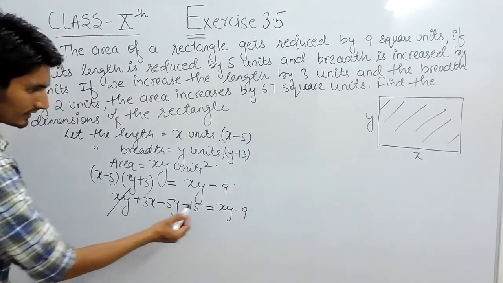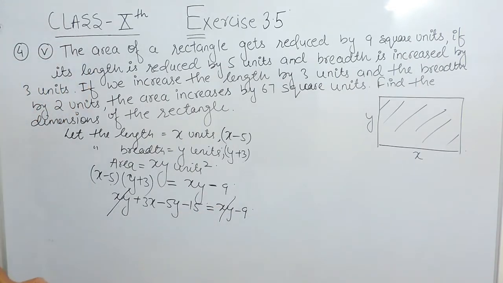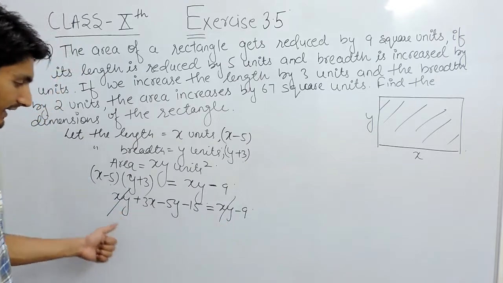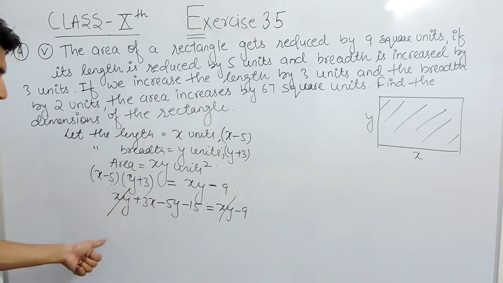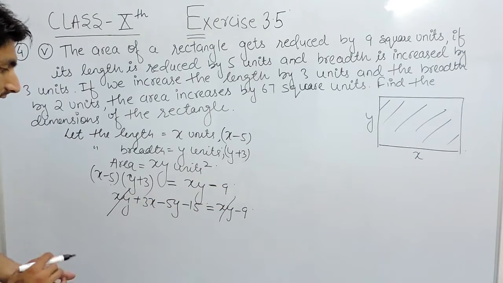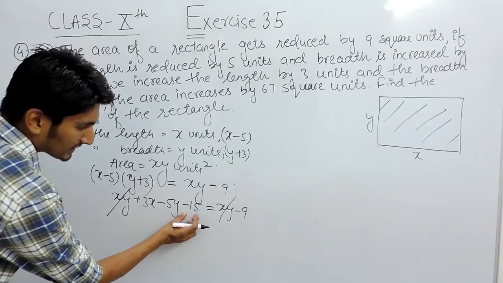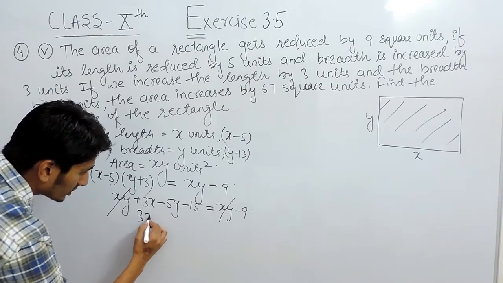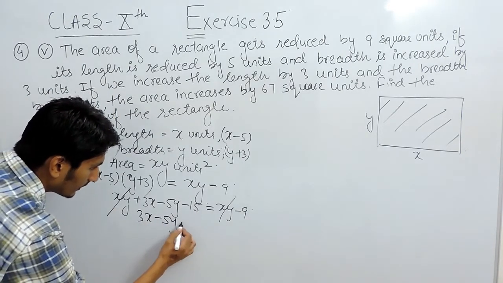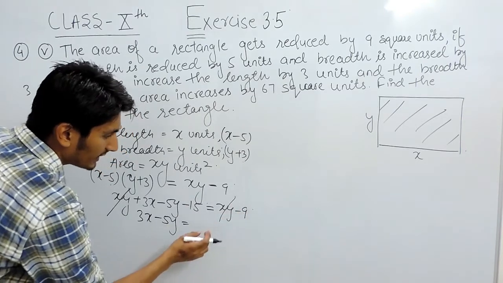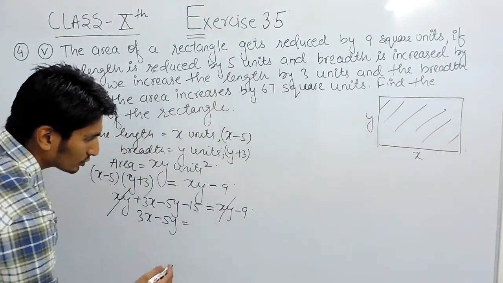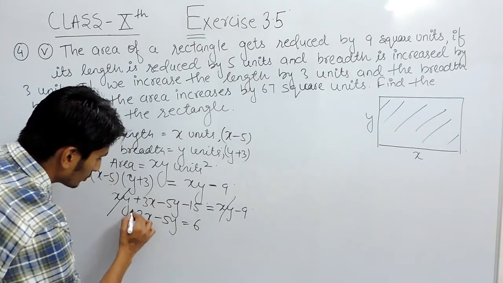This xy can be cancelled out, because when this xy is shifted to this side, this positive will become negative and can be cancelled out. So I am cancelling directly. When this minus 15 is shifted to that side it will become positive, and 15 positive and minus 9, so the result will be 6.